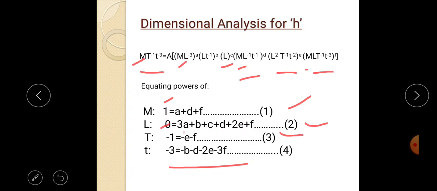In the LHS we have minus 3, in the RHS here no powers, here minus b, then minus d, then minus 2e, and minus 3f. So we have equated the powers of each of the terms for M, for L, for theta, for T. Now from this we can solve these equations.